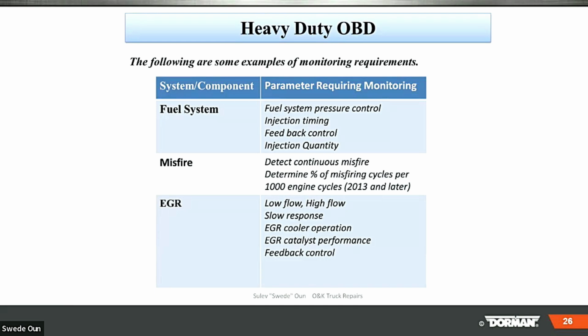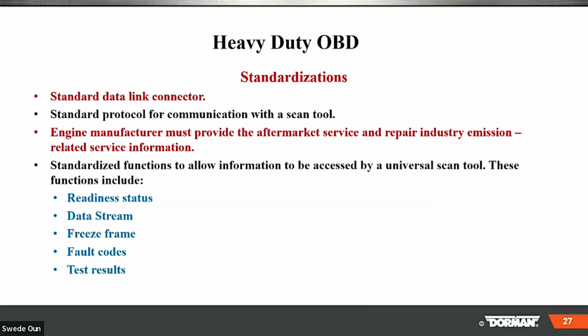Of course, don't forget diesels, definitely with EGR: low flow, high flow, slow response, EGR cooler operation, catalyst performance, feedback. But stop and think for 2 seconds. This is all information that you can have access to, because it's looking at all those different areas of the systems. Okay.